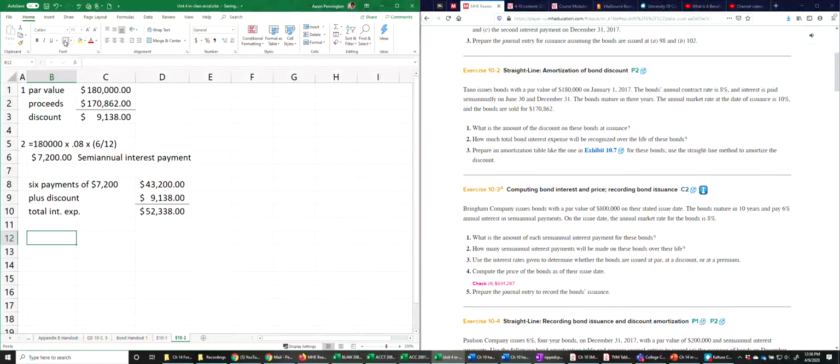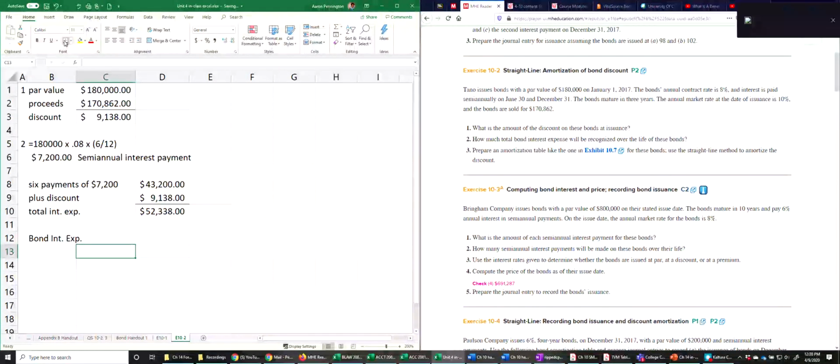All right, doesn't ask for it, but what does that journal entry look like? I think it helps here, so I'm going to plug this in here as well. All right. Your debit is bond interest expense. All right.